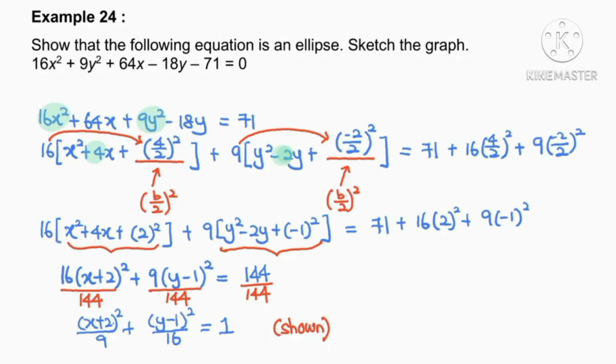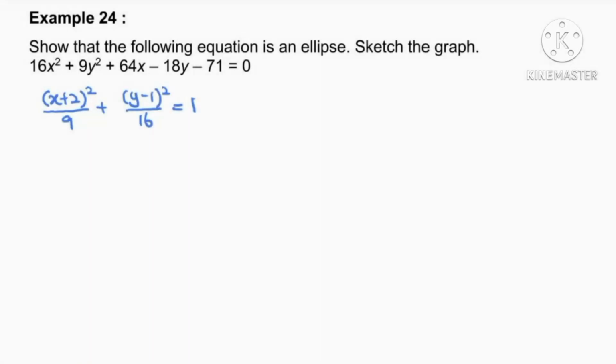Before we can sketch the graph, we have to find the center, vertices, co-vertices, and also the foci. Next, let us compare this equation with x minus h squared over a squared plus y minus k squared over b squared equal to 1.